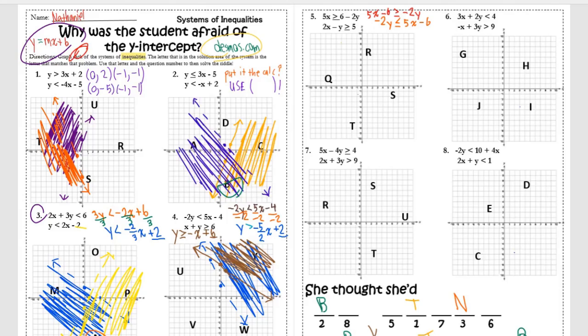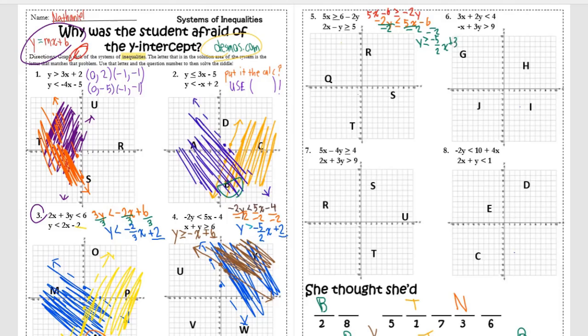And when we do that, we'll see that we have negative 2y divided by negative 2, which is just y, is greater than or equal to, our sign flips because we divide it by a negative number, negative 5 over 2x. Negative 6 divided by negative 2 is positive 3.